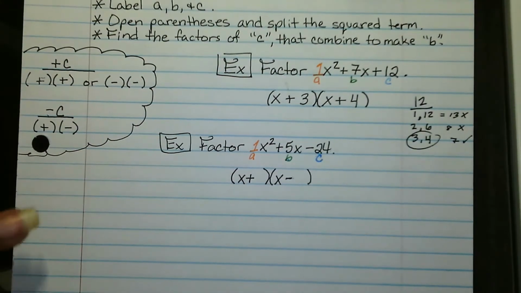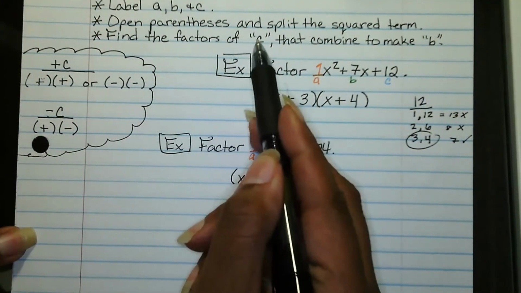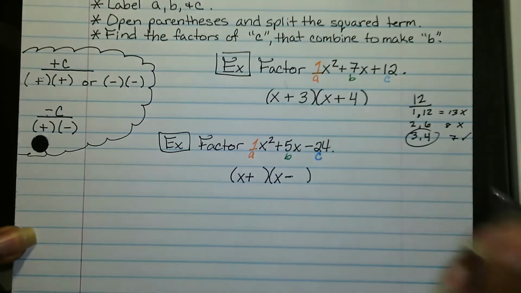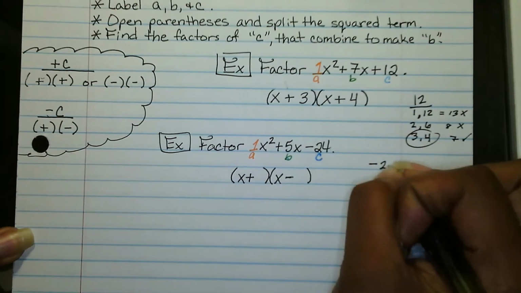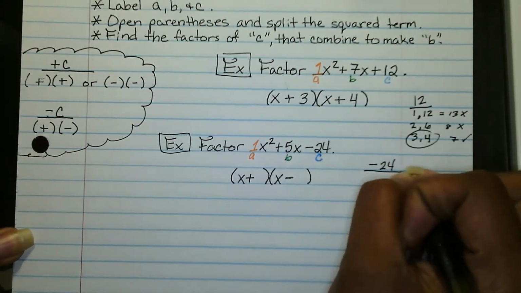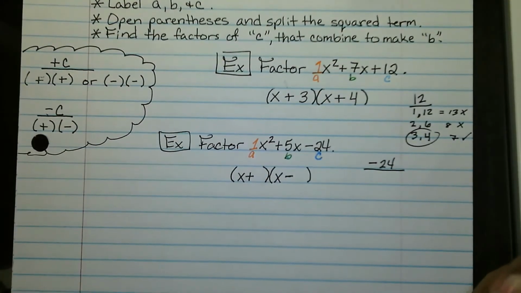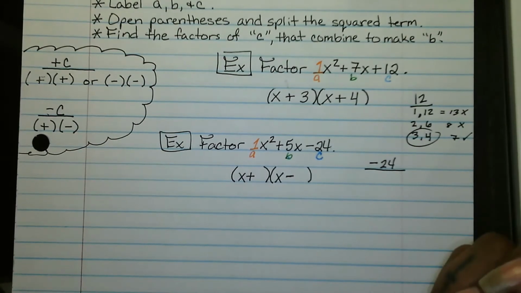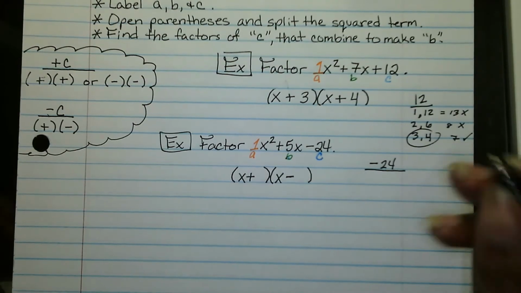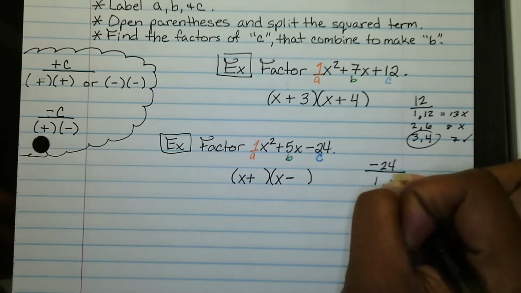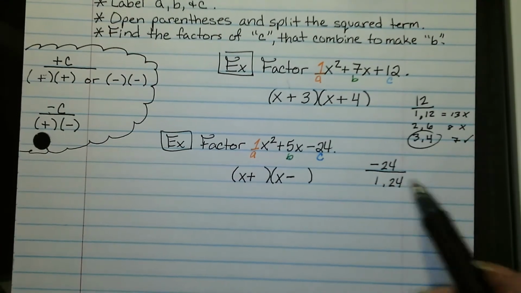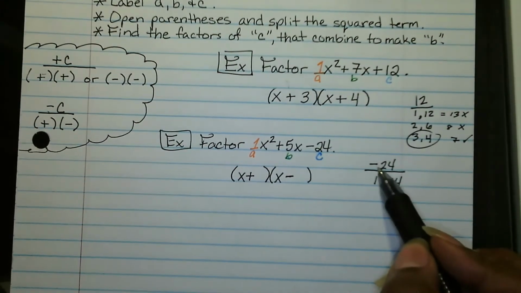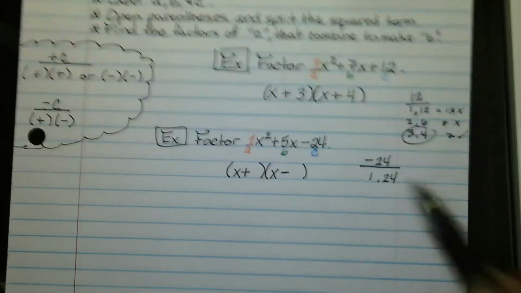Okay. Then we find the factors of C. Our C is negative 24. Okay, so the fact that this is negative means that we can either do, like, let's take 1 and 24 for example. 1 times 24 is a positive 24, but to end up with a negative, one of these has to be negative.